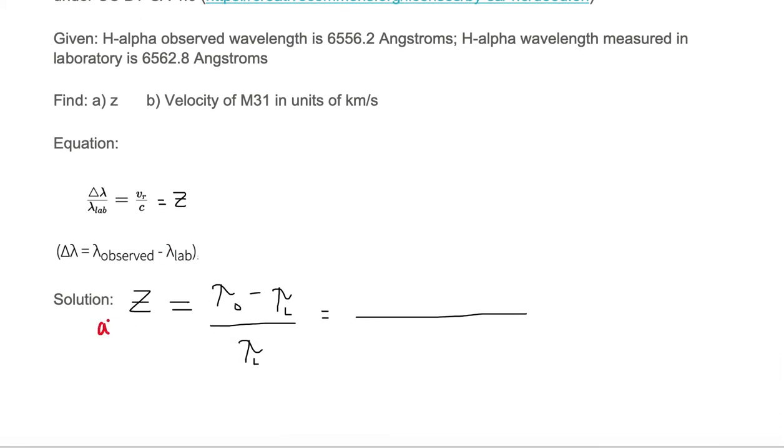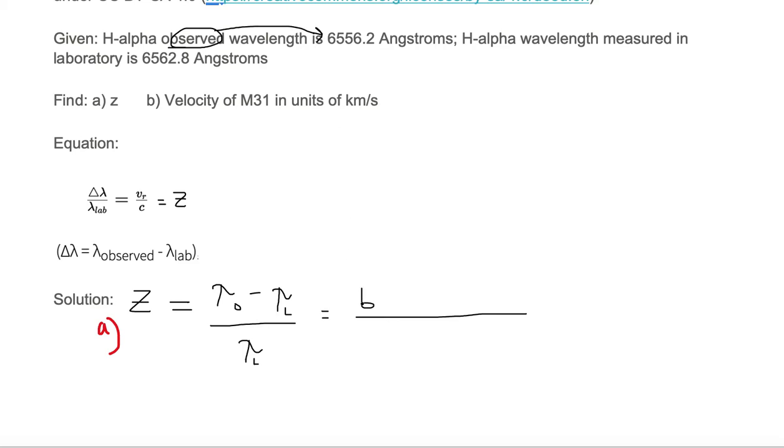We're solving A first. We're looking for Z. Z is equal to delta lambda over lambda, which is the observed wavelength minus the laboratory wavelength divided by the laboratory wavelength. So we're given an observed value of 6556.2. Notice the word observed here, so it tells you that.